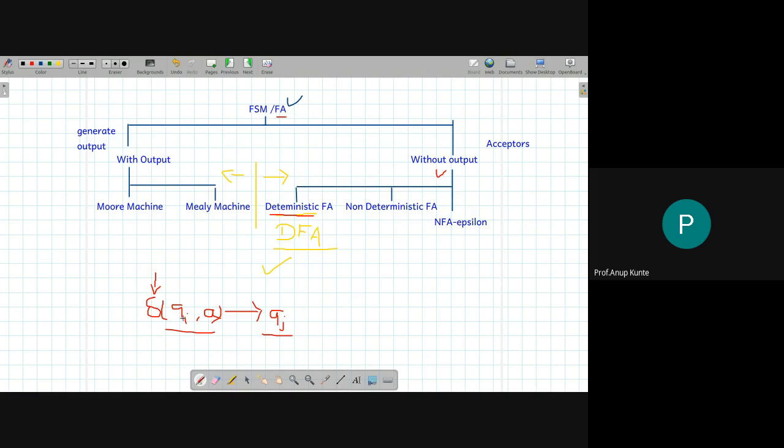Now, what makes me have Qi comma A map to exactly one Qj? It is the property of this delta function.